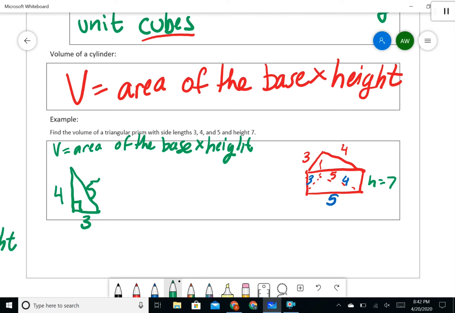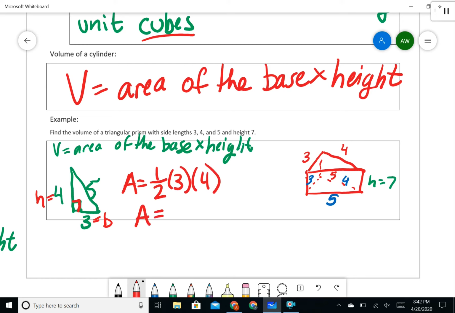So to find the area of this triangle, our base is 3, our height is 4, because it makes a right angle with our base. So the area of this triangle is 1/2 times the base, which is 3, times the height, which is 4, which comes out to be 6.